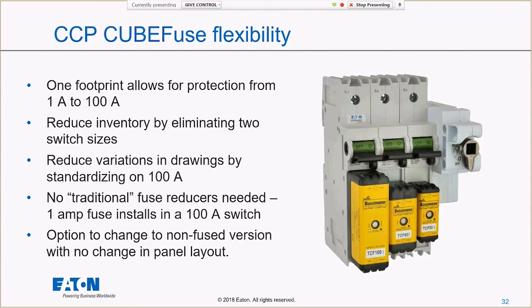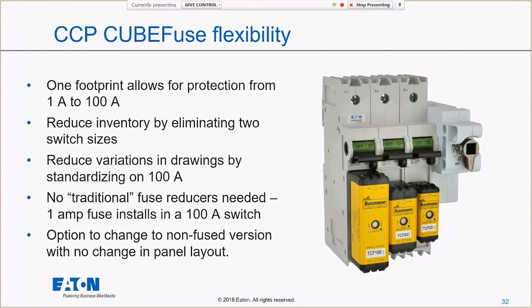And so they had to stock both 60 amp switches and 100 amp switches because it's sort of 50-50. But what they did was they just switched to all 100 amp switches and put in a 60 or a 70 amp fuse depending on what they are. So if you're in a situation sort of like that, that can really help you out.